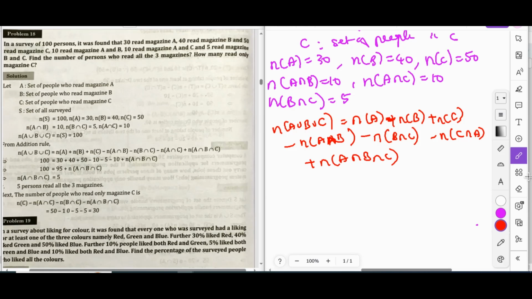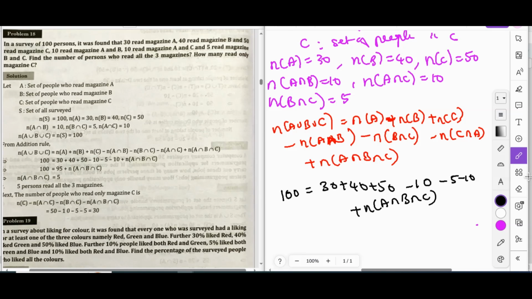That is 100 equals N of A, which is 30, plus 40 plus 50 minus 10 minus 5 minus 10 plus N of A intersection B intersection C.